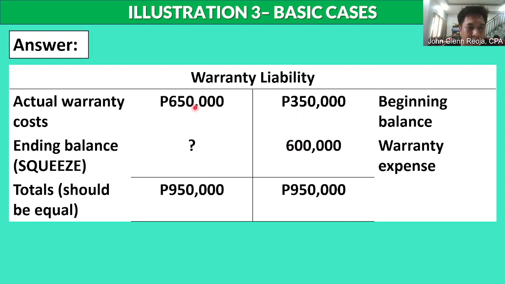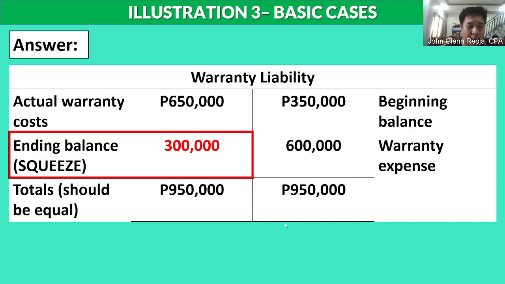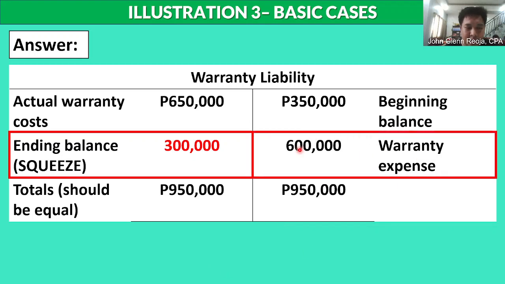Then the actual payment of 650,000. So 350 plus 600 minus 650. How much should the ending be? That is 300,000. So the warranty expense is 600,000, and the ending warranty liability is 300,000 as of December 31, 2023.